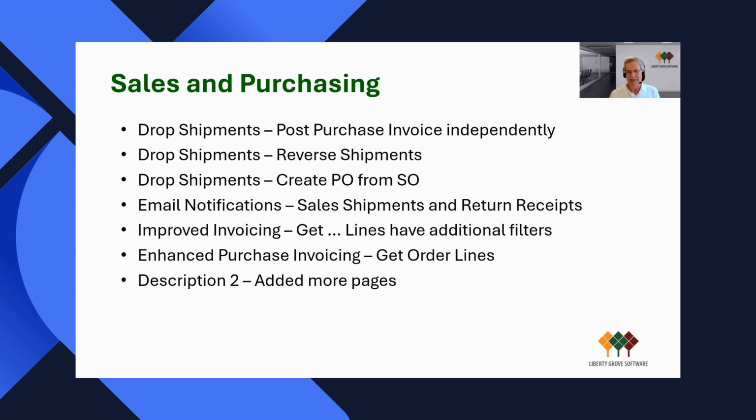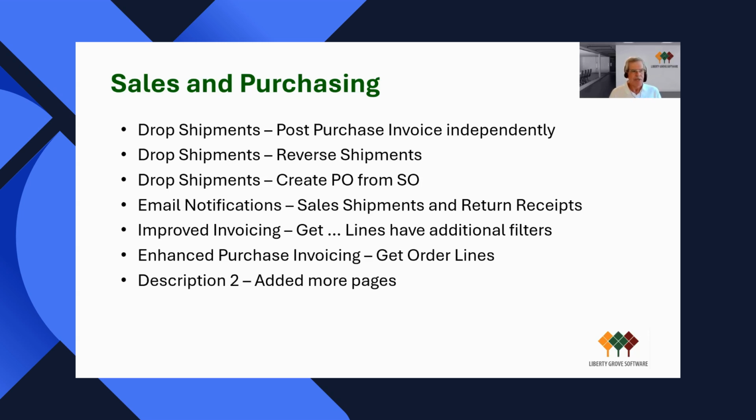Those get functions have been enriched with some additional filters to make it easier to zero in on the particular transactions that haven't been invoiced yet and allow you to get at that information better. So again, an improved experience around the invoicing process. And that's why it's get dot dot dot.